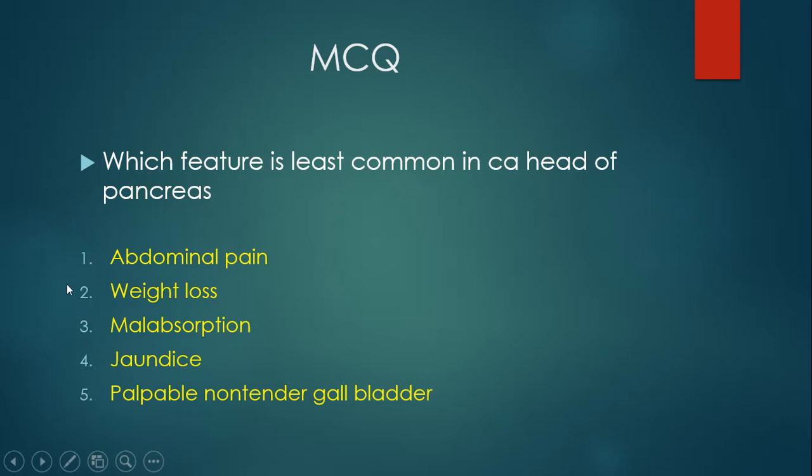There are 5 options, and you have to choose the best option: abdominal pain, weight loss, malabsorption, jaundice, or palpable non-tender gallbladder. Among these five options, which is the least common in case of CA head of pancreas?